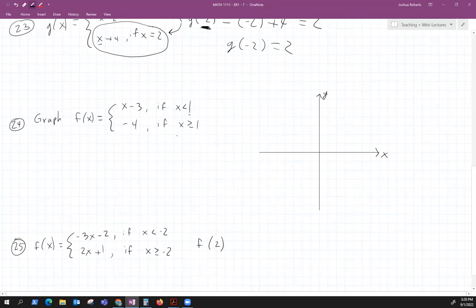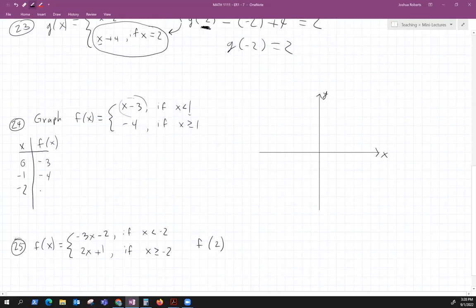So I'm going to make a table where I look at x values that are smaller than 1. So I'll look at 0, -1, and -2. So f of x of those is going to be using this definition. So 0 minus 3 is -3. -1 minus 3 is -4.